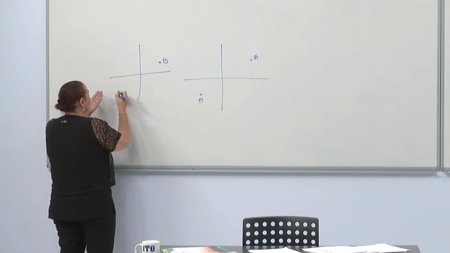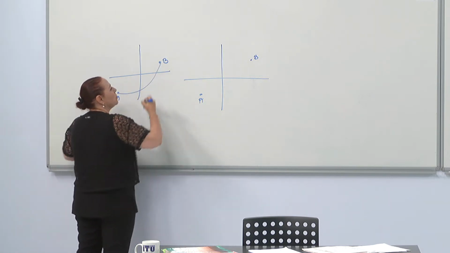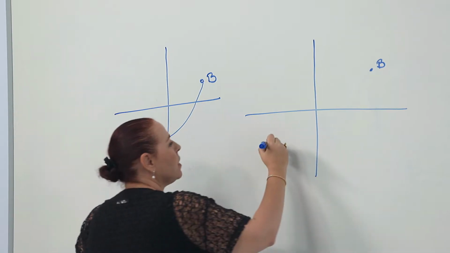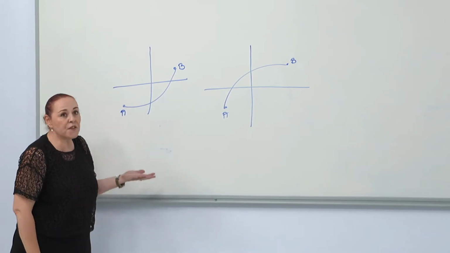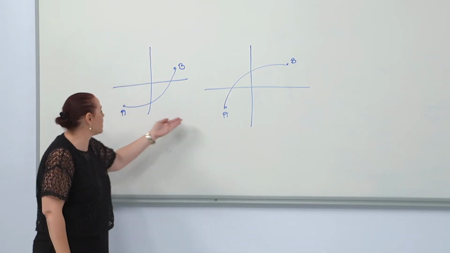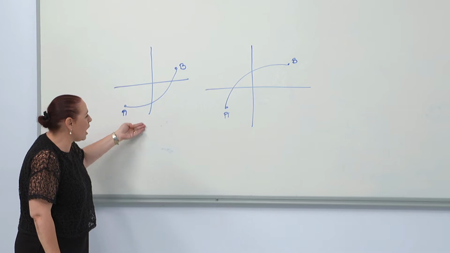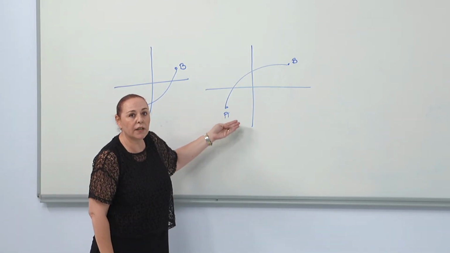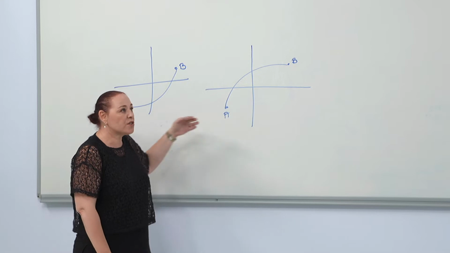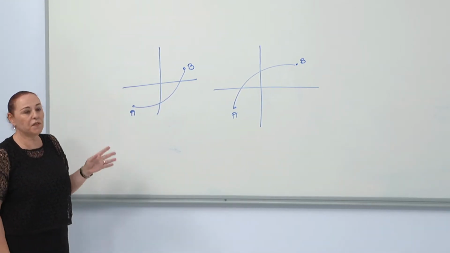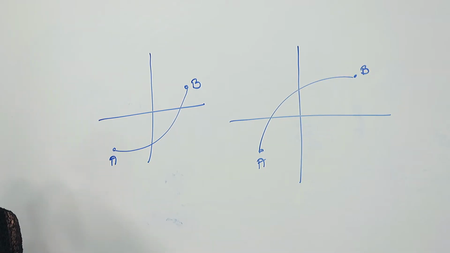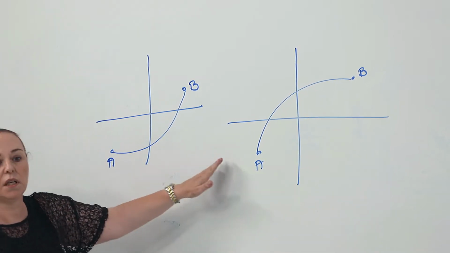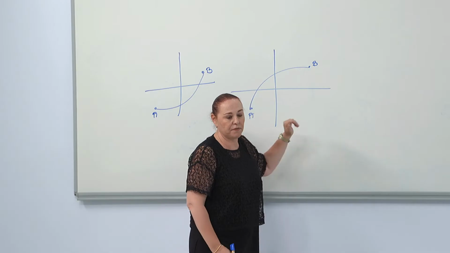This is an increasing function from A to B. This is also an increasing function from A to B. But the difference between these two curves is that this is increasing concave up, but this is increasing concave down. So, knowing that a function is increasing on an interval is not enough for the graph. We also have to explore its concavity for a correct graph.